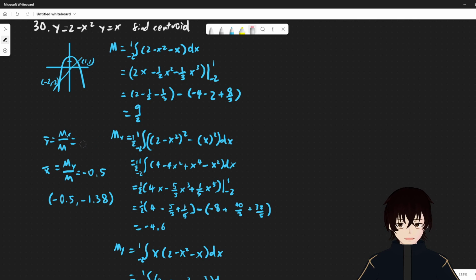But that still wouldn't make sense. So -0.5 would make sense, but the other part doesn't. Probably I did y wrong.